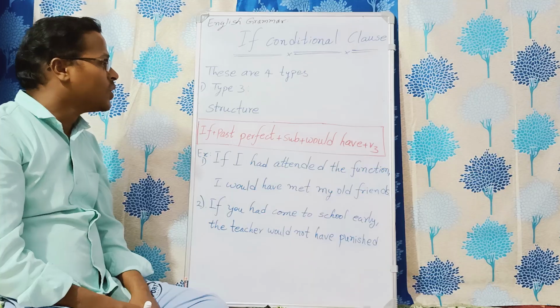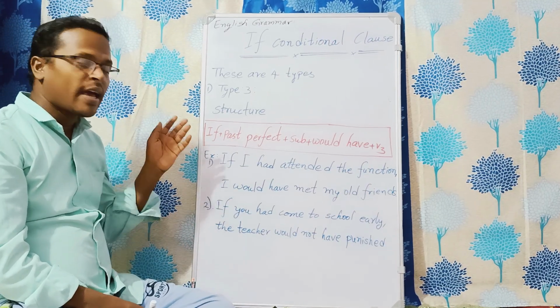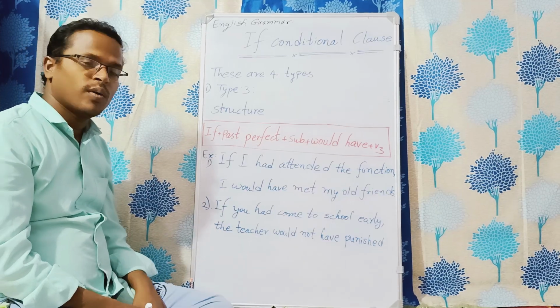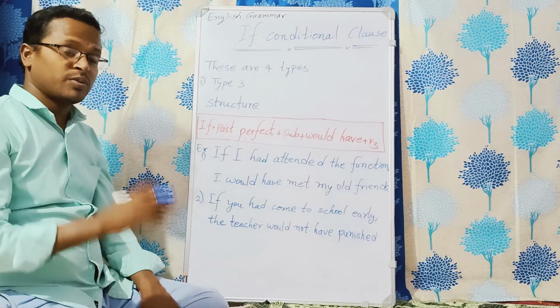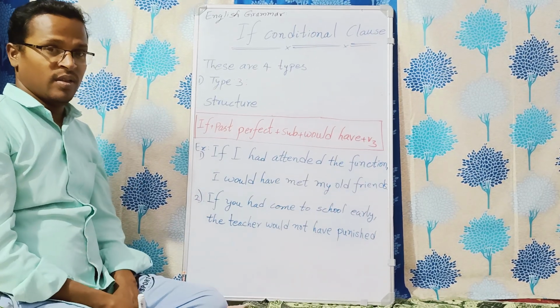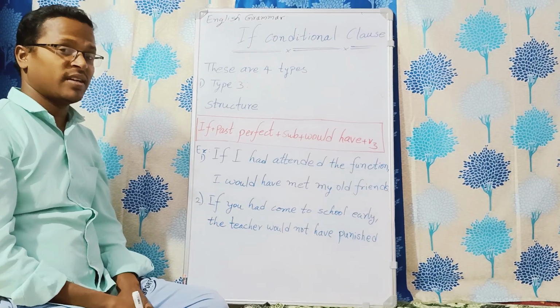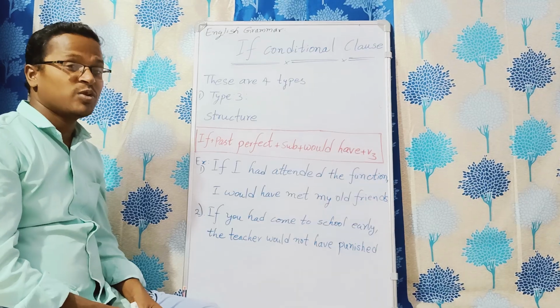I hope you all are understanding the difference between type 2 and type 3. Okay, so here what is happening in type 2, the speaker is talking about the future happening, but it is not the possibility. There is no possibility of future happening.